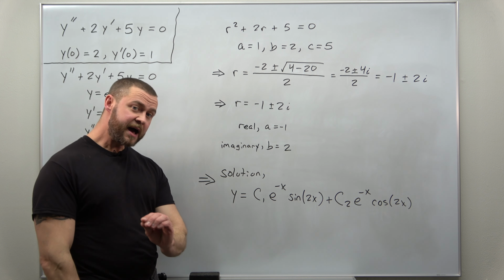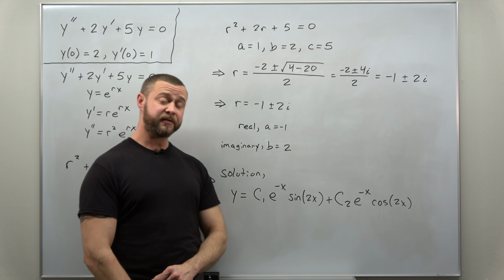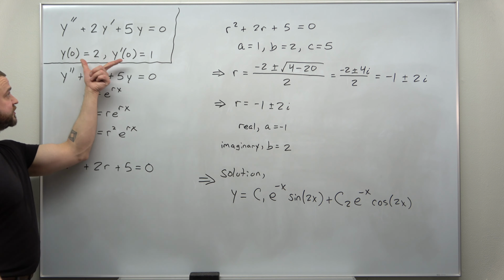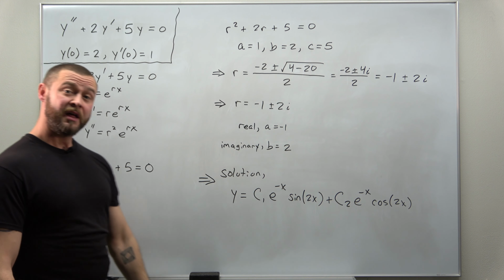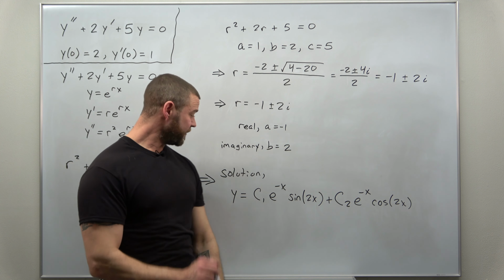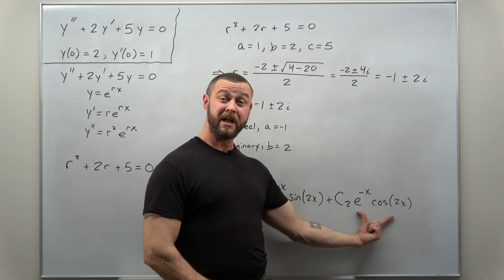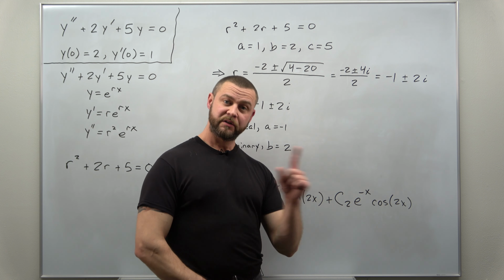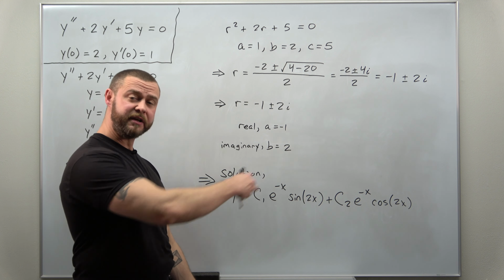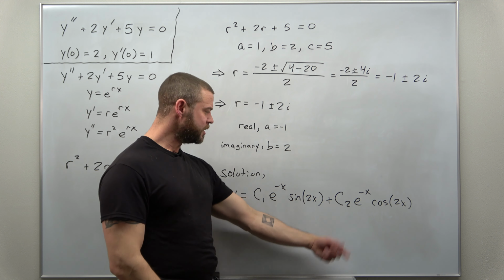All right, now we have some work in front of us to solve for c1 and c2 using the initial conditions. And the work here is going to be involving the derivative. This involves product and chain rule, and so does that. So let's go ahead and get to a clean board, and we'll go ahead and solve for c1 and c2 directly from here.